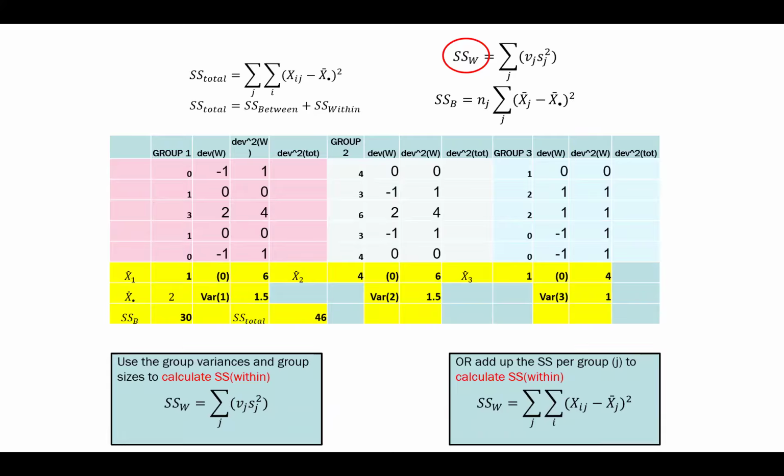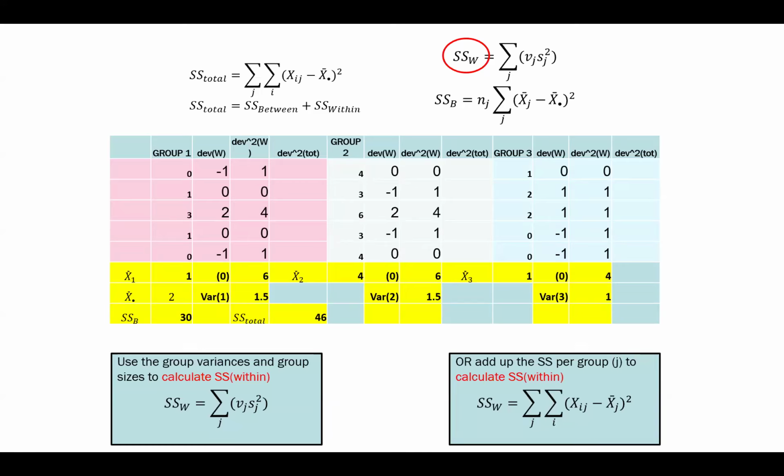So for instance, you would take the variance for group 1, which is 1.5, shown up in the data screen, and multiply it by 4. And so on. You'd get all of those terms and add them up. An alternative is that the formula looks more complicated, but actually if you have sums of squares, it's easier.